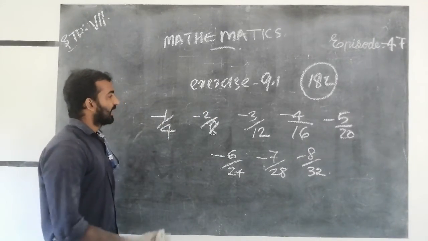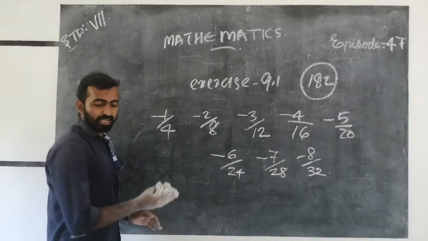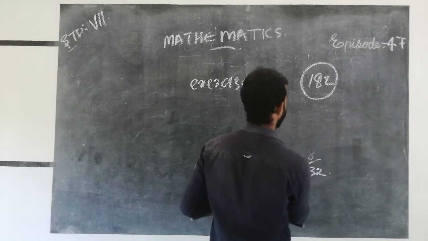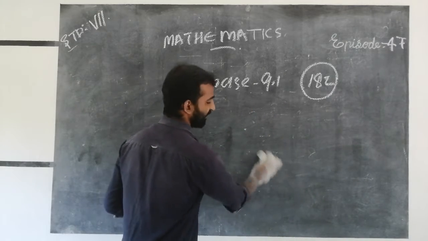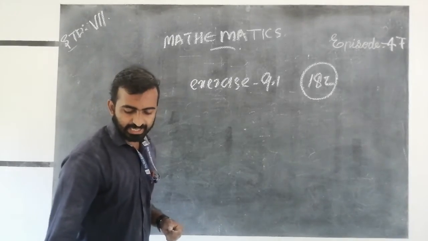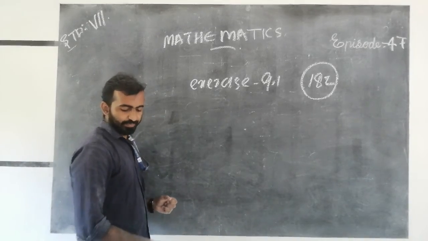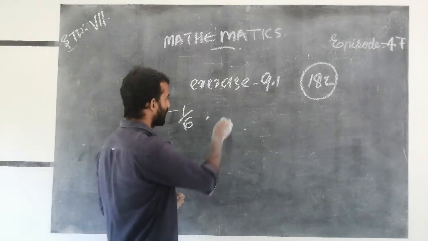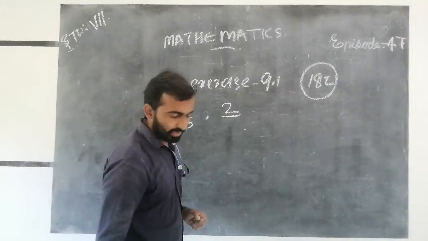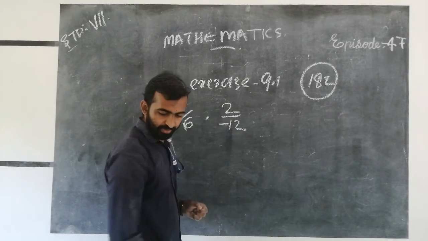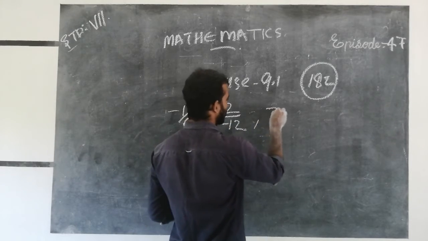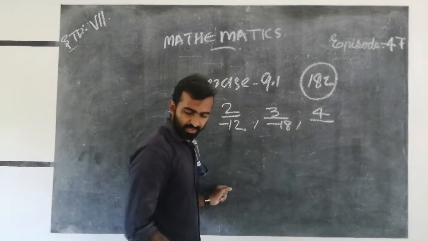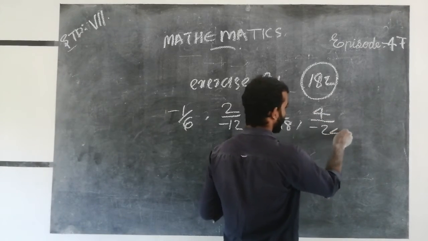And the next pattern is negative 1 by 6, 2 by negative 12, 3 by negative 18, 4 by negative 24.